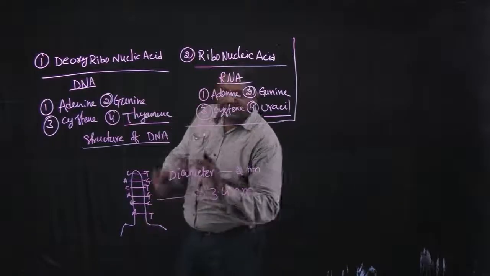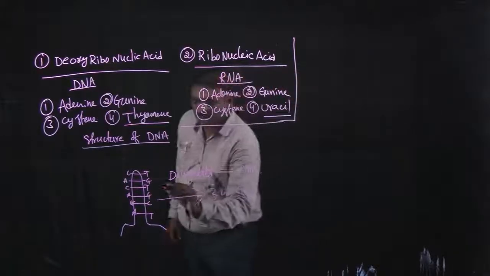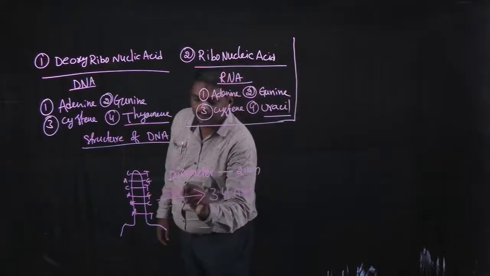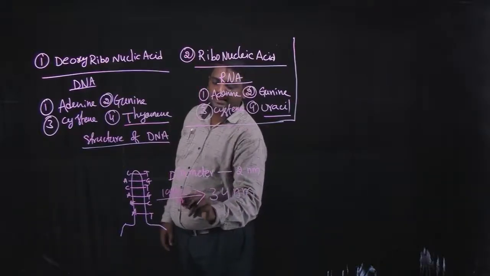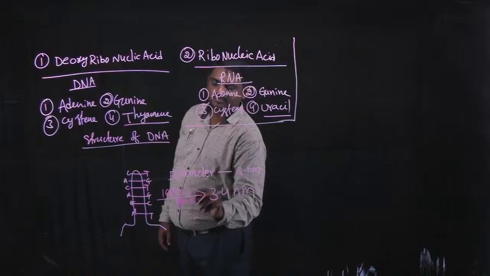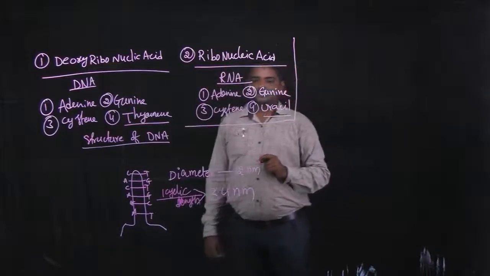The complete length of one cyclic turn of the molecule is 3.4 nanometers.